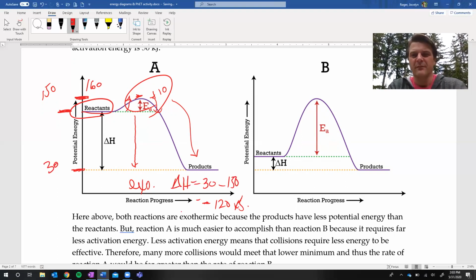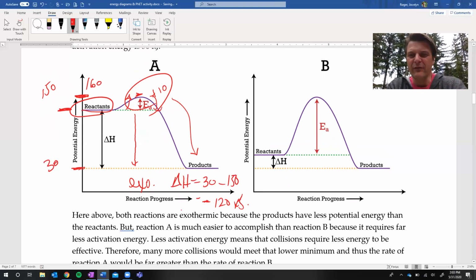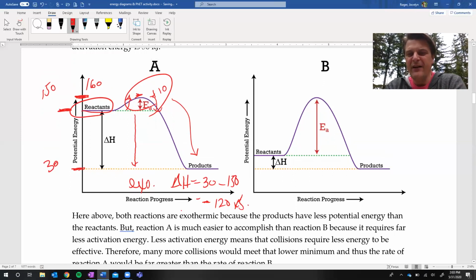In diagram B that you have over here, there's a very large activation energy. So the reactants, if I keep the same scale here, would be maybe at 50, right? But the peak here was at 160. So it's pretty difficult to get the reactants from 50 all the way to 160. So in this case, the activation energy is 110 kilojoules.